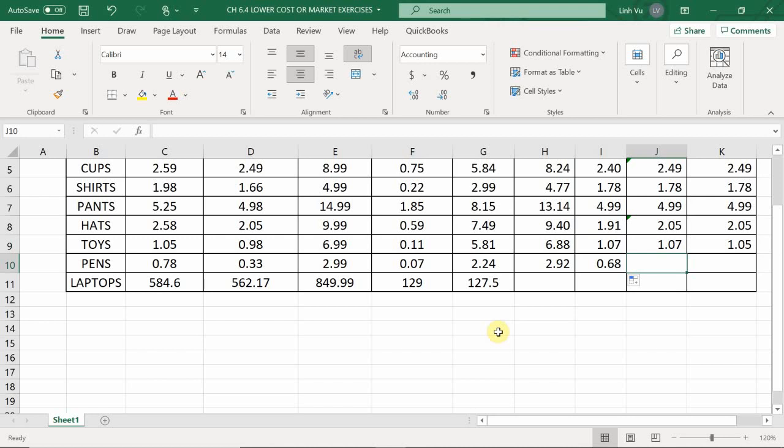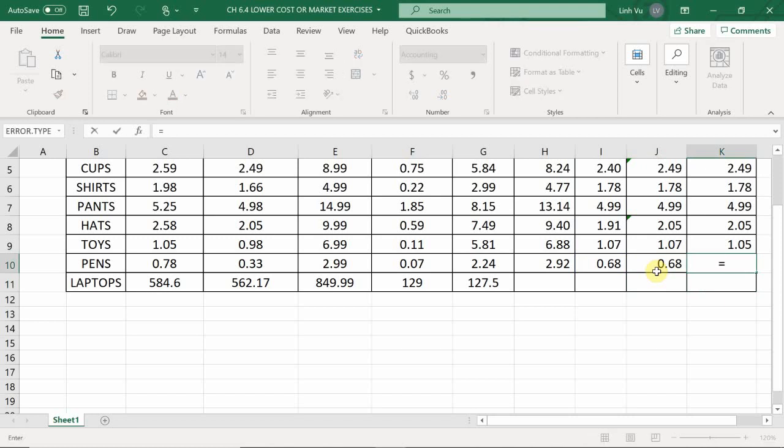Which one's going to become the market? 68 cents. Yep, 68 cents. So then let's compare. Which one's lower, 68 cents or 78 cents? 68. Yes, 68 cents.